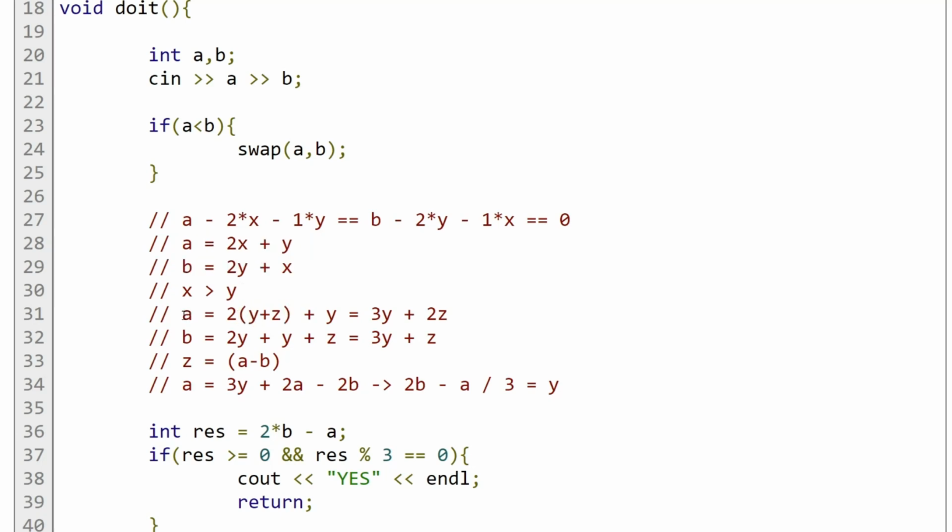So for a is equal to 2 times x plus y, so 2 times y plus z plus y, and this gives us 3y plus 2z. And for b, it equals 2y plus z, okay? Since we replace the x that we have here with y plus z, and the result is that we have 3y's plus 1z, okay?